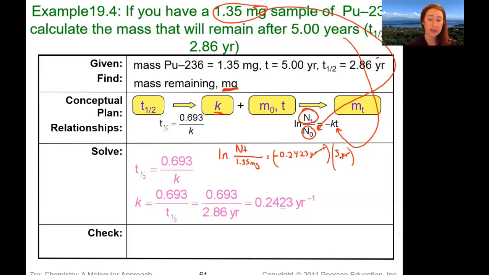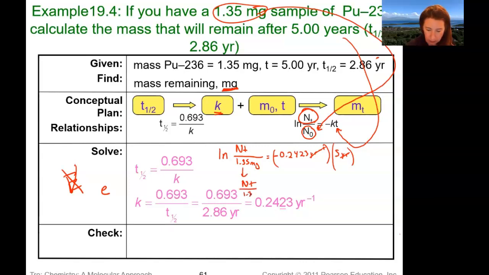However you want to solve this, I like to just raise each side. On your calculator, the second function of natural log is the e button, not that button, that button, the little e. So you can just raise both sides, e to that, and e to this makes the natural log go away.